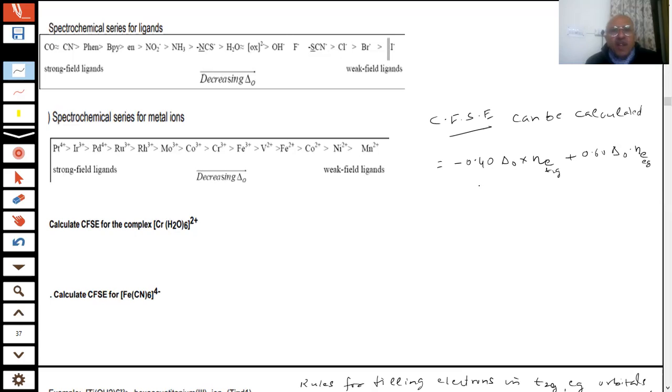Then you can see the spectrochemical series in more detail given by another book. CO, bipyridyl, and nitrogen compounds are on the higher side, and then the halogens are on the last side. See, these halogens are falling back. One of the limitations of the crystal field theory is we could not explain this reason.